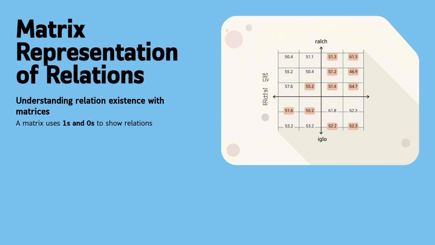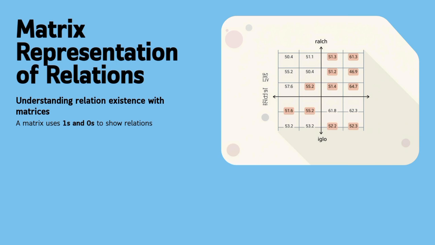Finally, let's explore the matrix representation. This method uses numbers, especially 1 and 0. A 1 means the relation exists. A 0 means there is no relation.